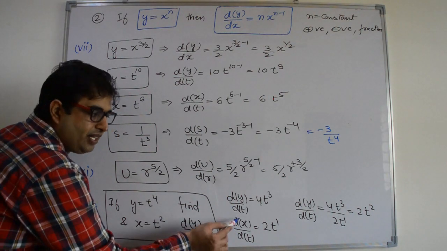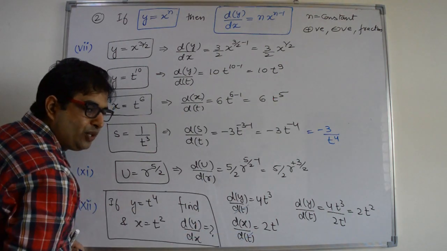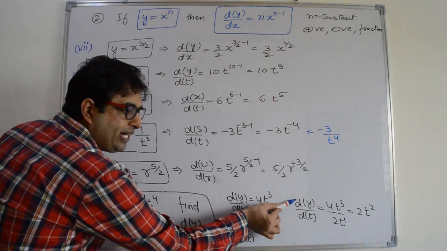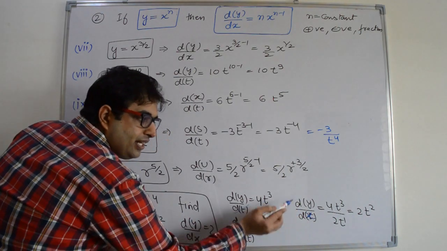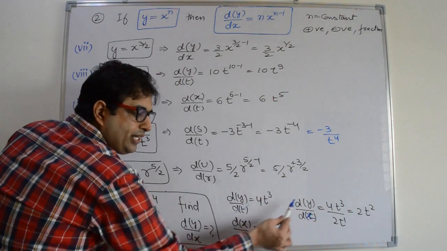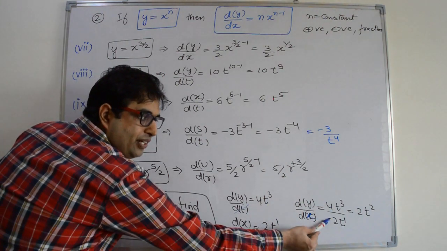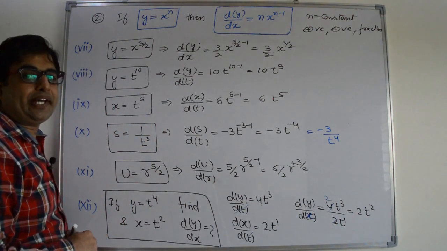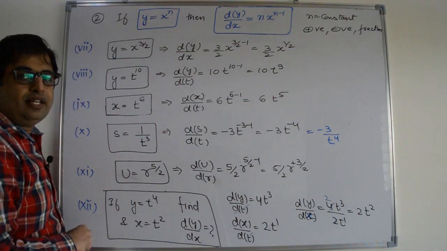Divide them, and dt will cancel out. What will you get? dy by dx. So dy by dx will be 4t cube divided by 2t power 1. So 2t square is the answer. Understood?